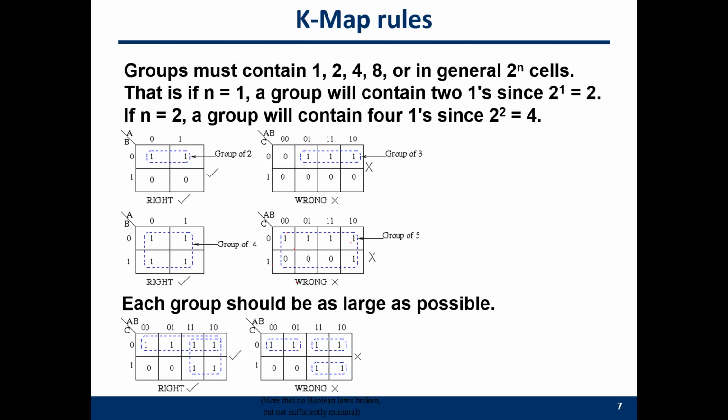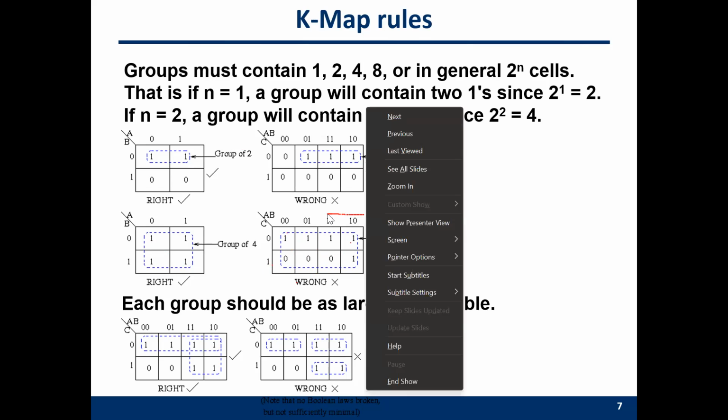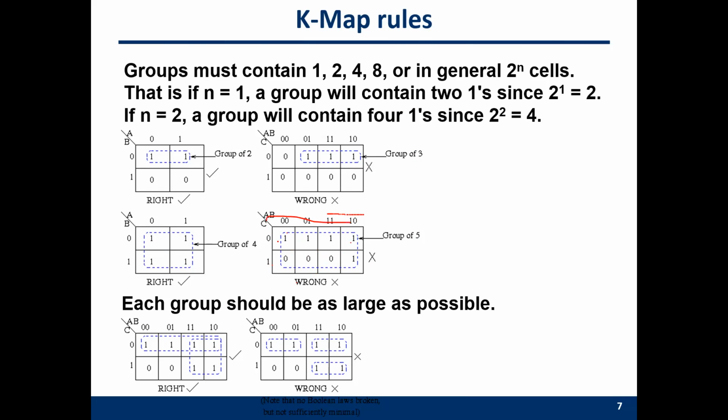So if we have this example, how can we do that? We can divide it into two groups. One group is a horizontal group. The other one is a vertical group. So these two groups have some overlap, which is this box.